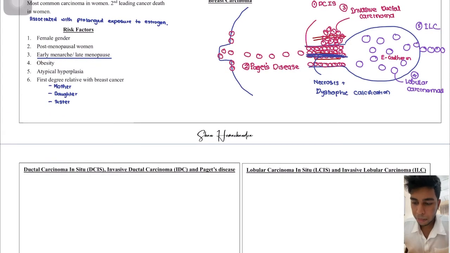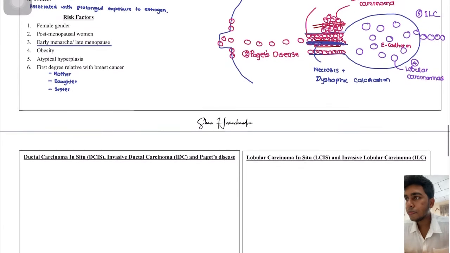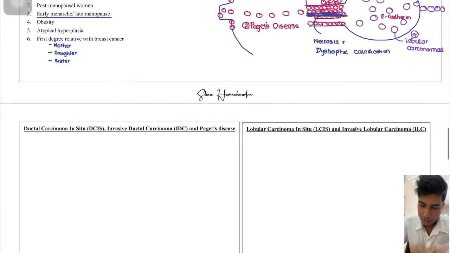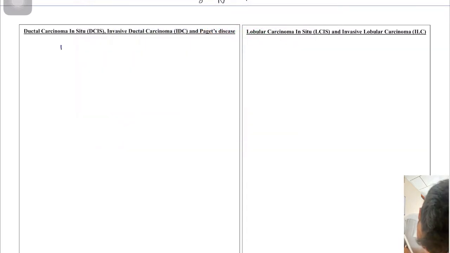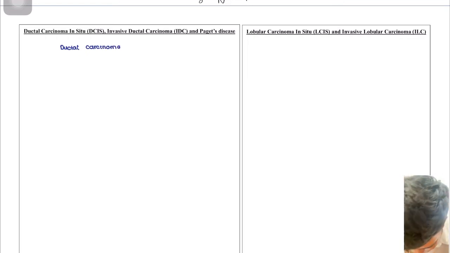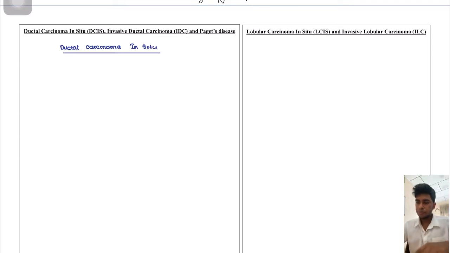So next we'll talk about the ductal carcinomas. Okay. First, ductal carcinoma in situ. DCIS, ductal carcinoma in situ. Okay, first, there's no invasion of basement membrane.